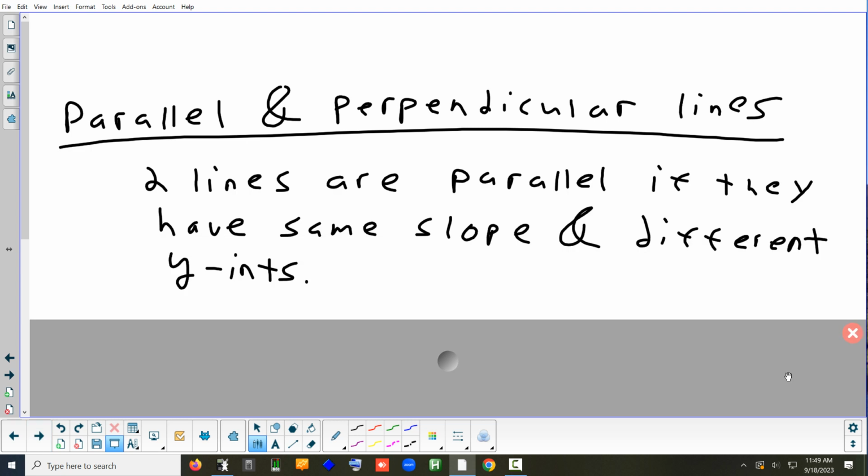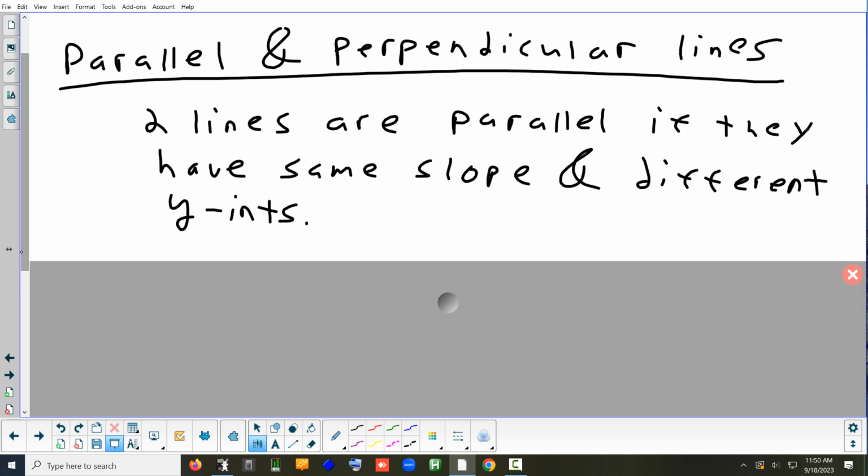So two lines are parallel if they have the same slope and different y-intercepts. Where we're going with this is I'm going to ask you to find an equation either parallel to something in a second or perpendicular to something. But as long as you know the connection about the slope, it's very easy to do. So parallel has the same slope and different y-intercept.